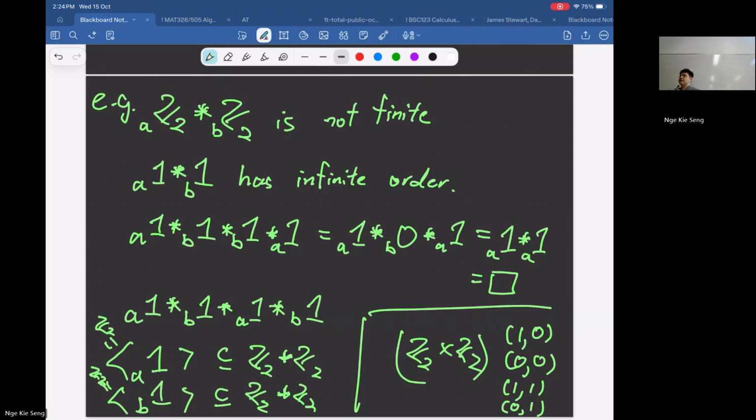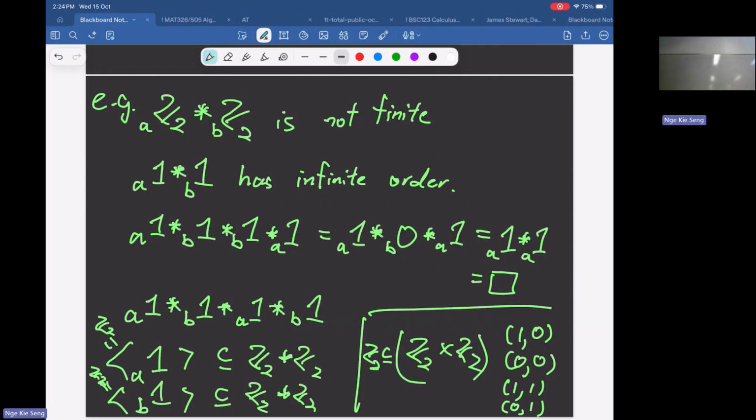Does it make sense? I don't think you can see this phenomenon here. There is a Z2 here, but it's not the original Z2.